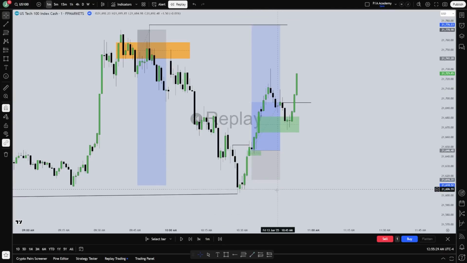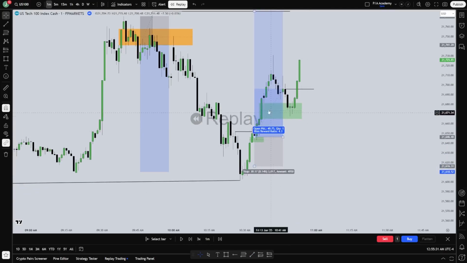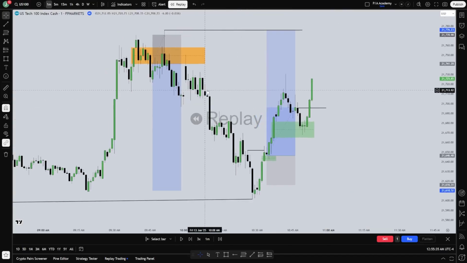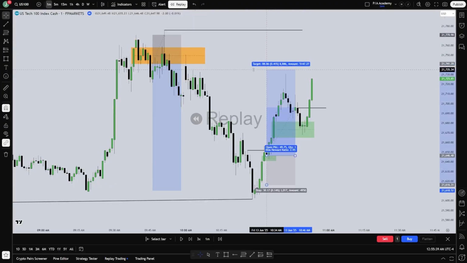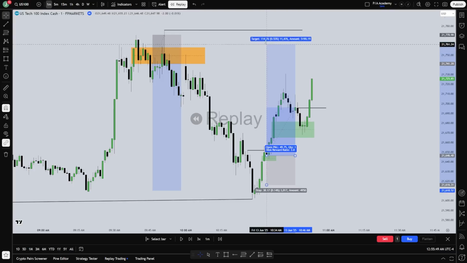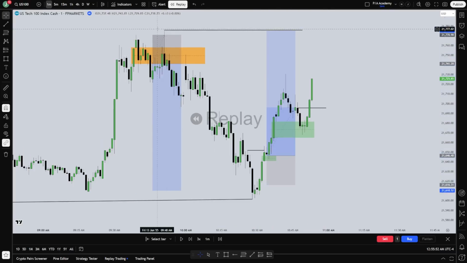Oh yeah, and for trailing stops, we already took out this structure. And for first take profits, I would look to target these equal highs right there for about a 2.9. The next target would be these equal highs. And then the rest would be at the AM high.